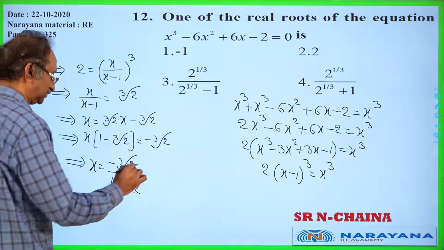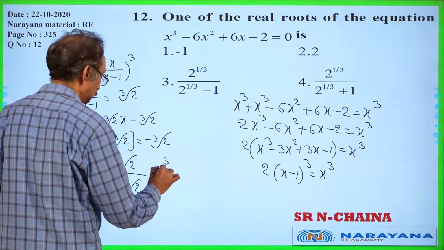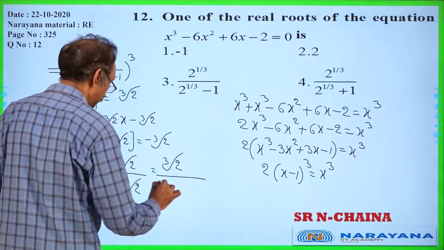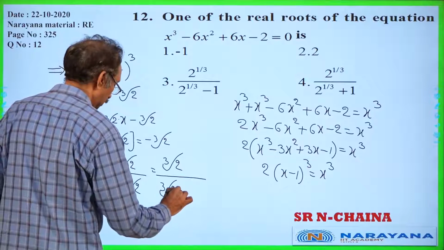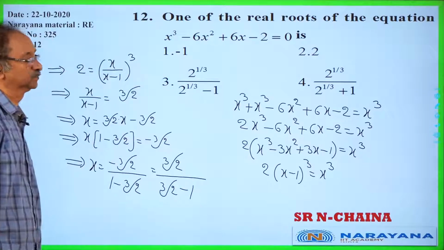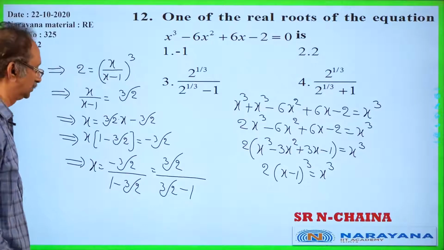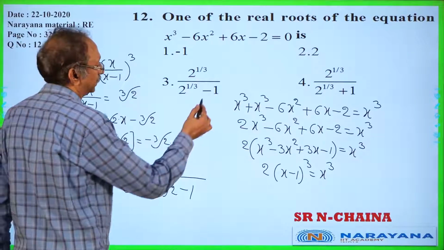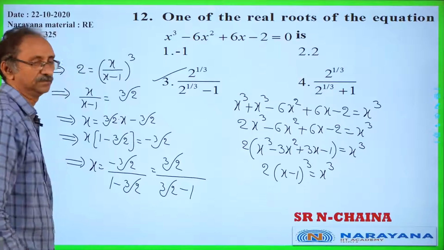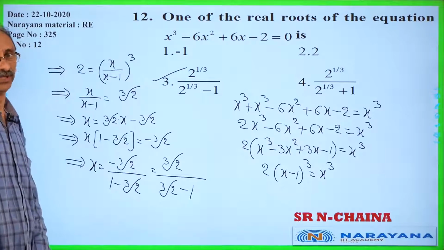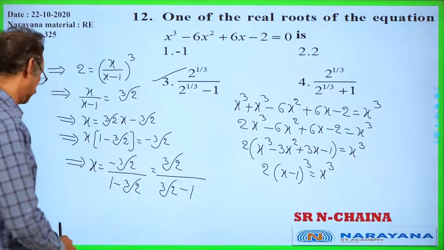Or if you don't like this minus, this is cube root of 2 by cube root of 2 minus 1. So see the options. Cube root of 2 means 2 power 1 by 3 by 2 power 1 by 3 minus 1. That is the answer. Okay, students. Right. We'll go to the next one.